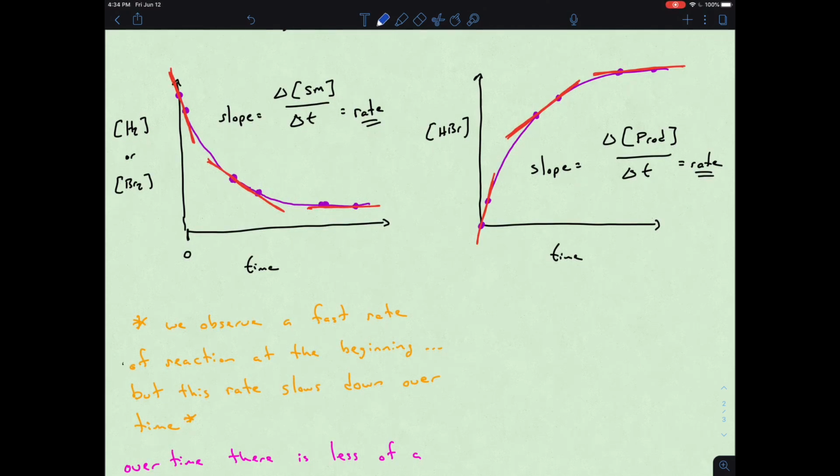However, that means that the rate of certain materials is going to be faster or slower than others.